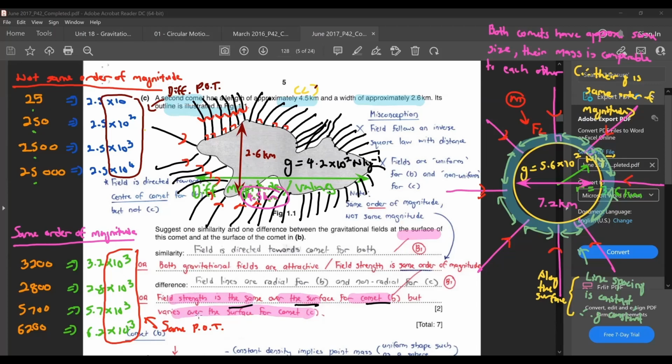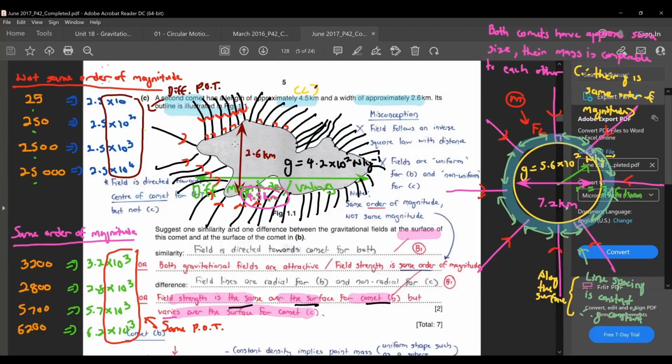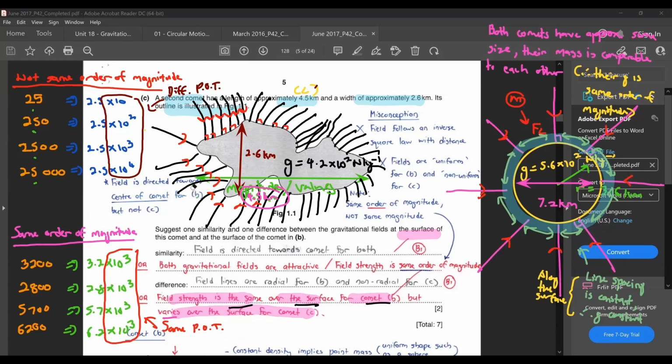Now, the part where for the other comet, they say that field strength actually varies. This one you can actually see quite clearly from your diagram. Let me just erase certain things now, otherwise it's getting really messy. If you just look, for example, at the lines, say for example, I'm looking over this surface only.